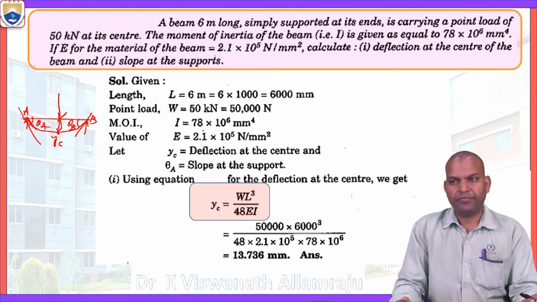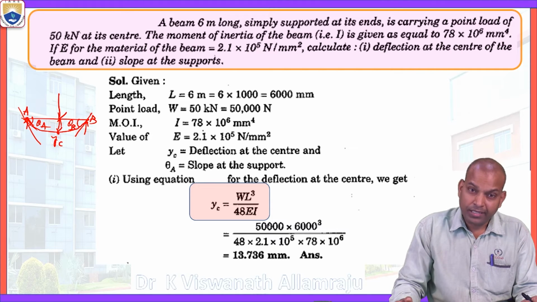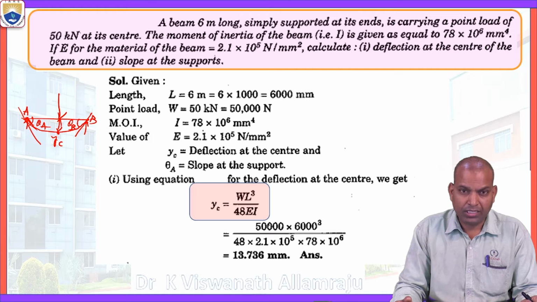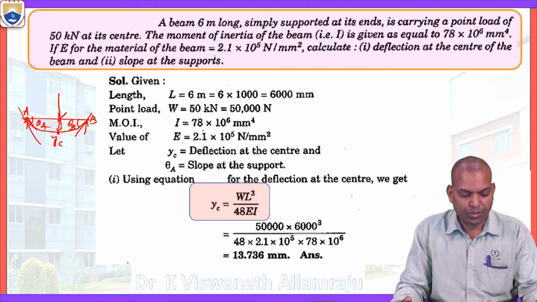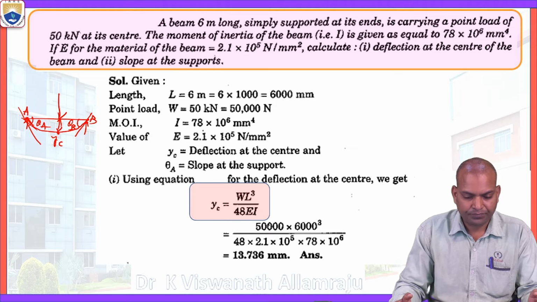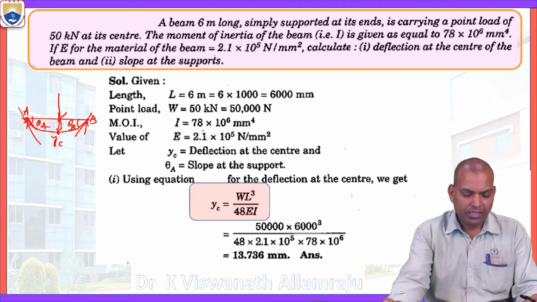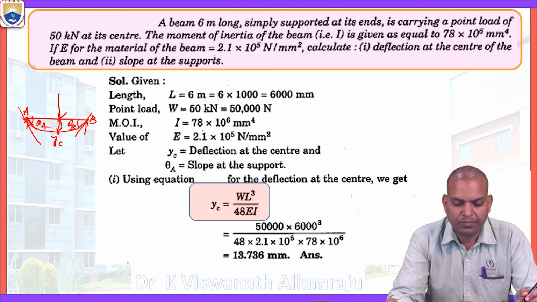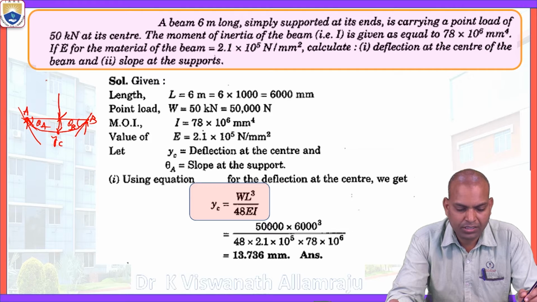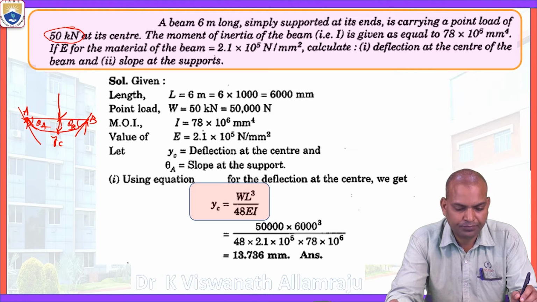For that case study, we have derived the formula: a simply supported beam having a point load, or concentrated load, at the center. Here the problem is that a beam of 6 meters length, simply supported at its ends, carries a point load of 50 kilonewtons at its center.